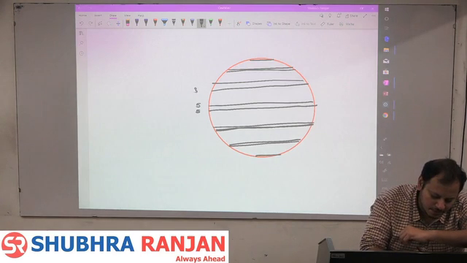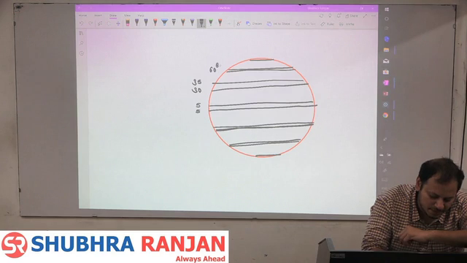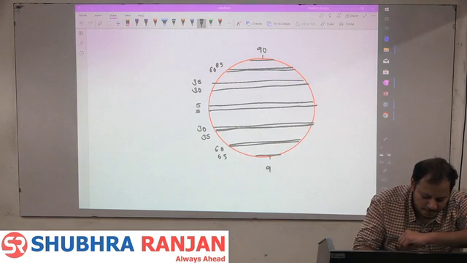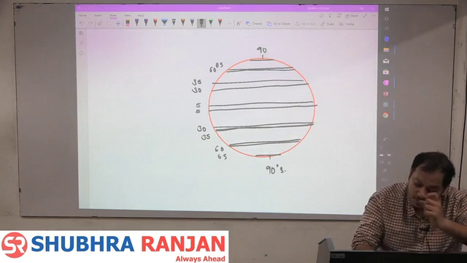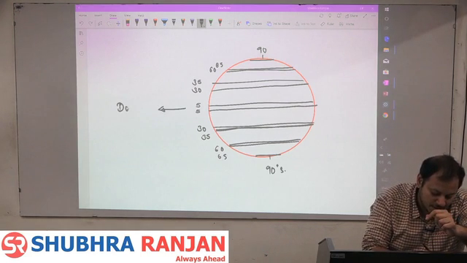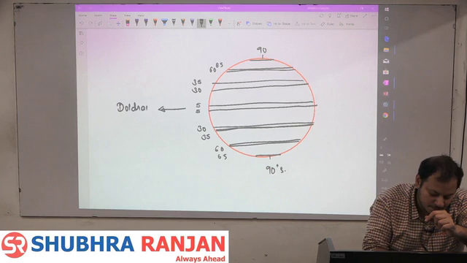So 30 to 35 degree north, 60 to 65 degree north, 90 degree north, 30 to 35 degrees south, 60 to 65 degrees south, and 90 degree to the south. This equatorial low pressure belt is known as the belt of doldrums or calm conditions.